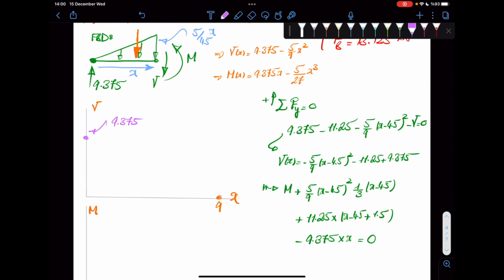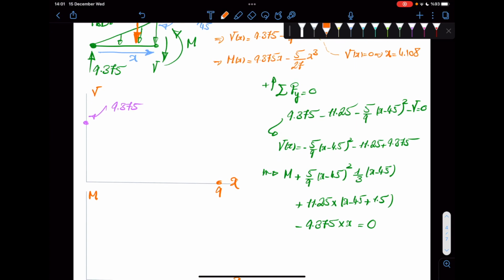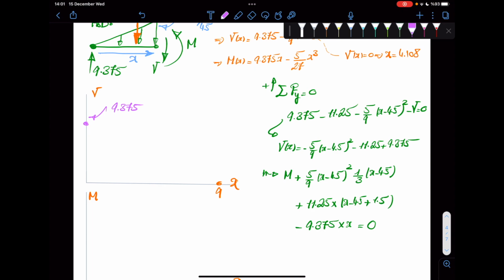And then from your previous equations here, if you set this to 0, you find x to be 4.108. That tells you that's the point that your shear force is 0 or your moment is maximum. And you also see it's a quadratic function, it comes downwards.